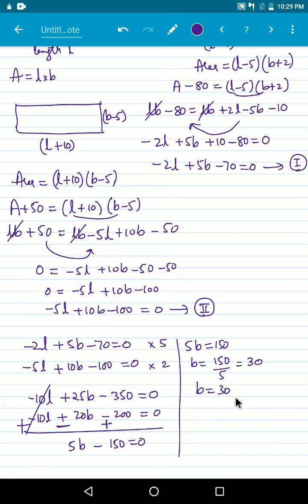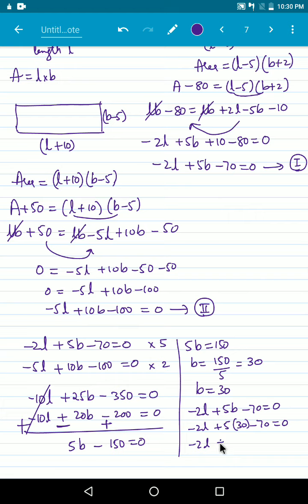Okay. Let us substitute the value B is equal to 30 in the second equation, or we can substitute it in the first equation also. Let us substitute it in the first equation, that is minus 2L plus 5B minus 70 is equal to 0. So this is minus 2L plus 5 into 30 minus 70 is equal to 0.